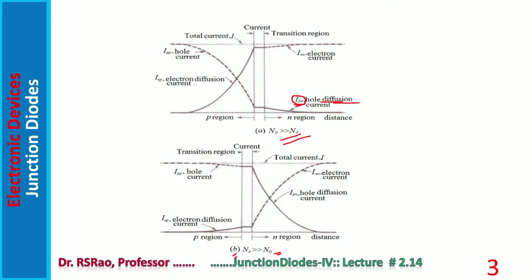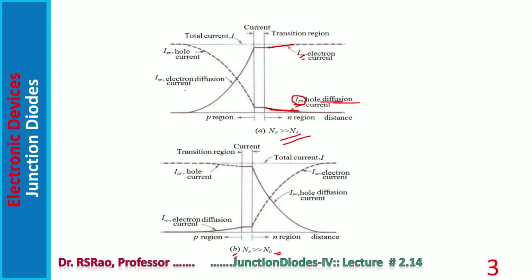And the diffusion current falls exponentially. This is the exponential fall. Total current, electron current plus hole current, is equal to terminal current. When hole current falls exponentially, electron current naturally rises in an exponential manner, so that total current becomes equal to the terminal current.